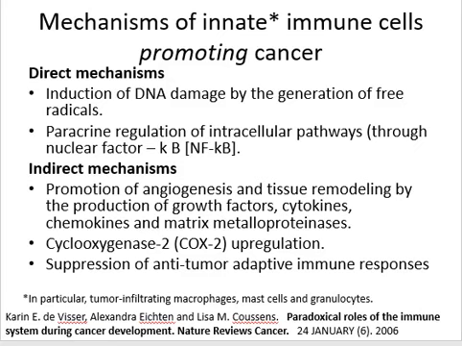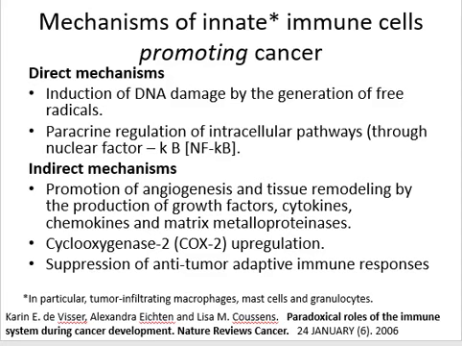If you're at all interested in any of this, there's a really great paper cited here at the bottom, Paradoxical Roles of the Immune System During Cancer Development, published in Nature back in 2006. Obviously it's a little dated, but it's been referenced, I think, maybe 1,500 to 1,800 times, just shy of 2,000. It's a really good paper.